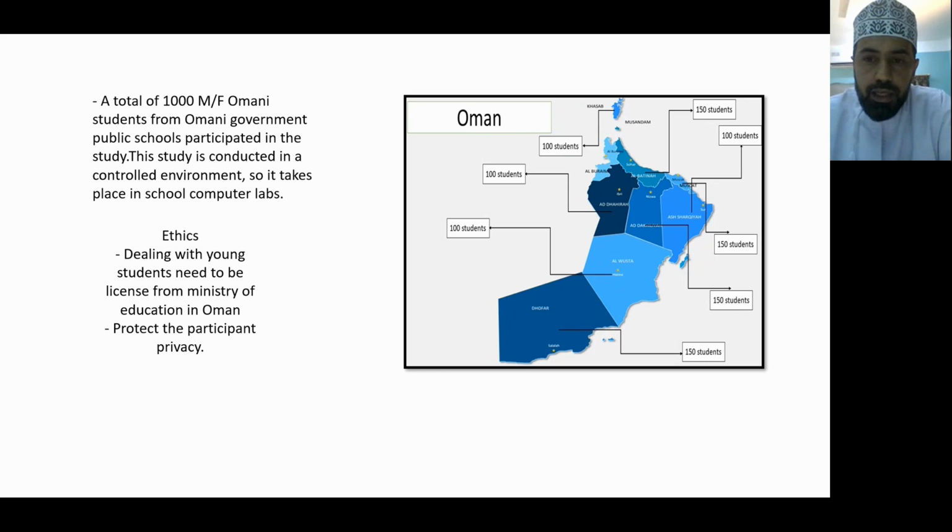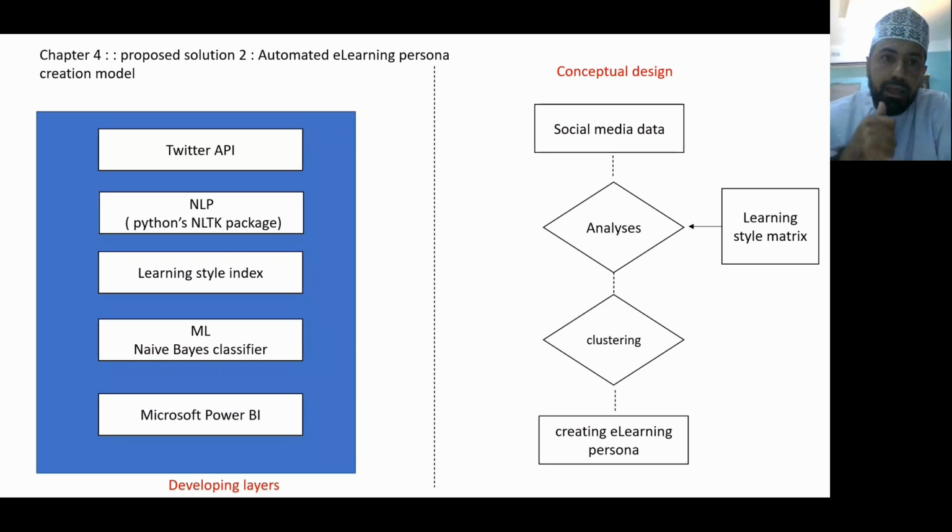Also, to ensure that I target the right participants, I will do it in the computer labs, so I will let them fill in the questionnaire there, so I can monitor who fills in the questionnaires and their age. The proposed solution 2 is the automated e-learning persona creation model.